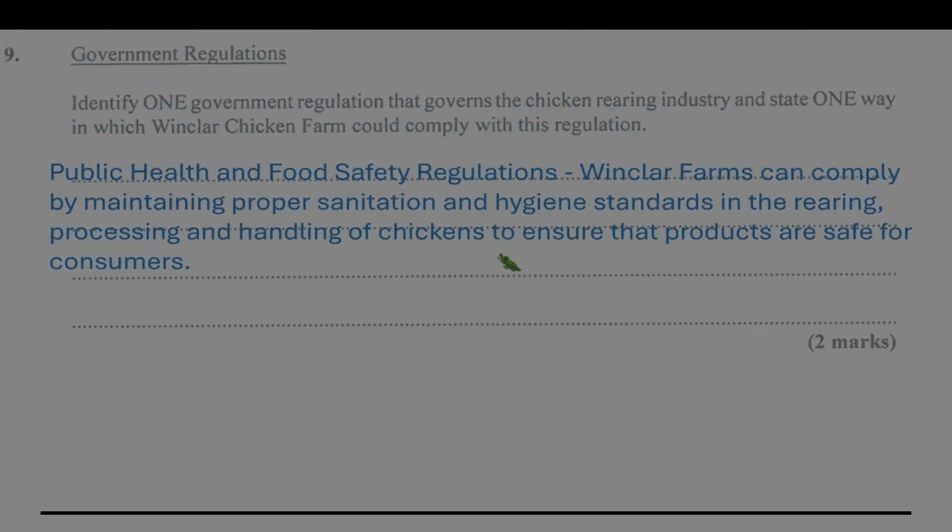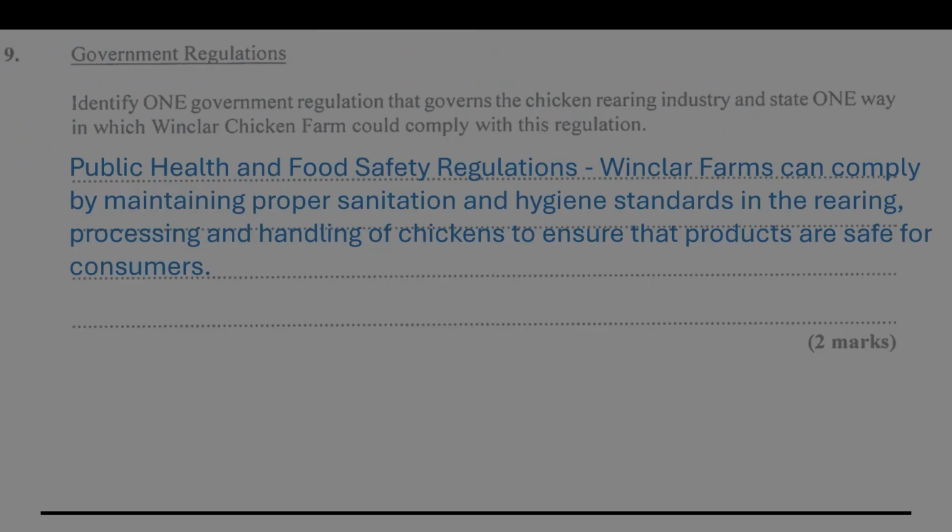So one regulation that applies to the chicken rearing industry would be the public health and food safety regulations. So the way that Winkler Farms can comply is by maintaining proper sanitation and hygiene standards in the rearing, processing, and handling of chickens to ensure that products are safe for consumers at all times.